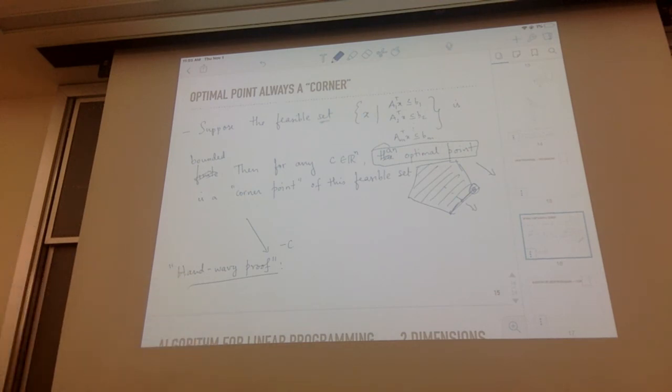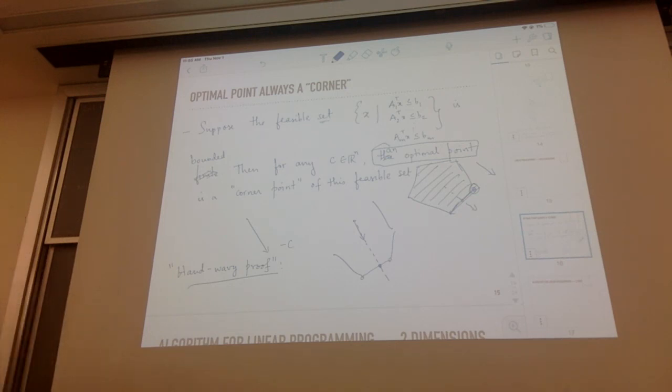You start at any point and you keep going in that direction until you hit one of the sides of this figure. In a 2D plane, let's say you had a region like this, and your direction was something of this kind. You would start somewhere in your region, go like this, and maybe you hit this side.